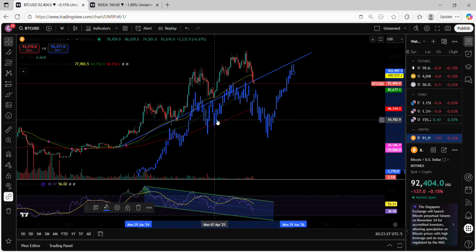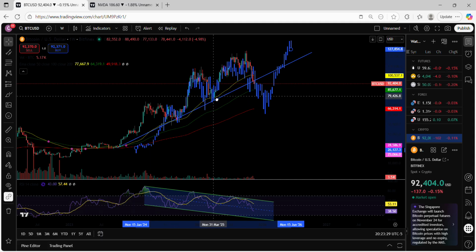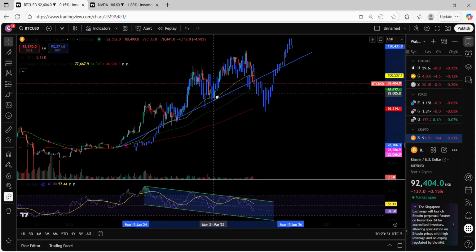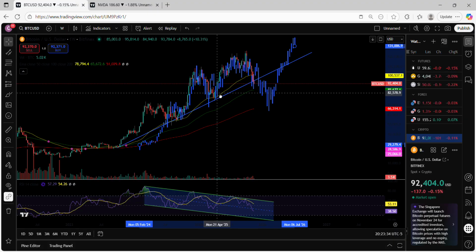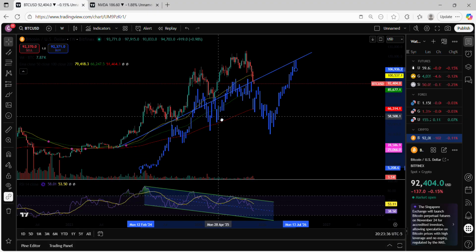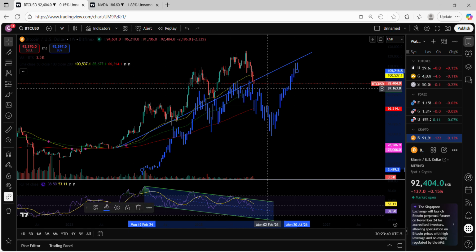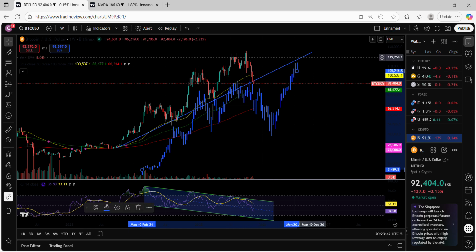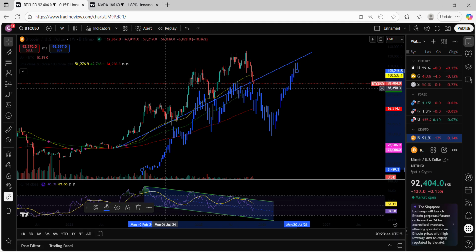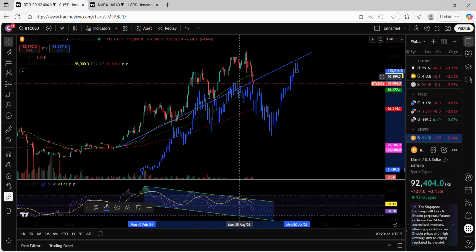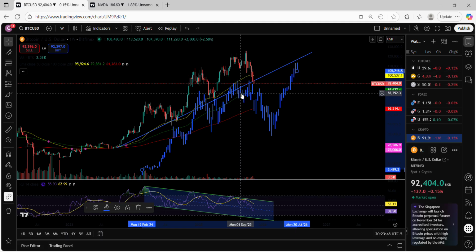You see how you have this action here. See how it almost lines up identical. I mean, it's eerily similar. The only difference is Nvidia is up here and Bitcoin is right here.